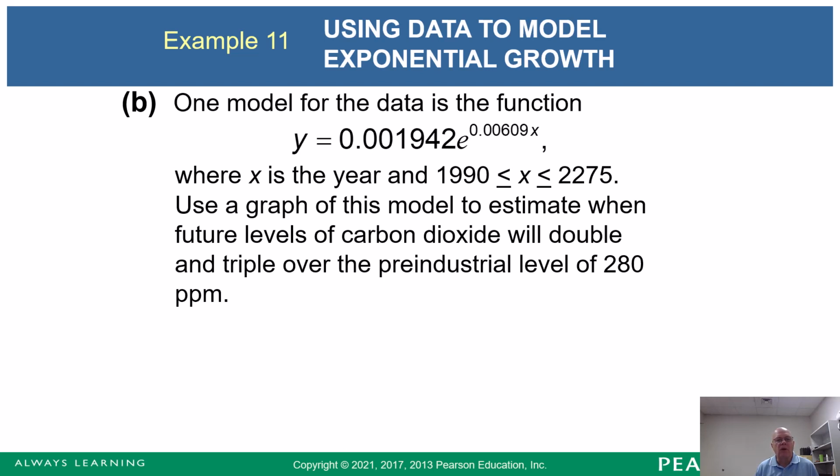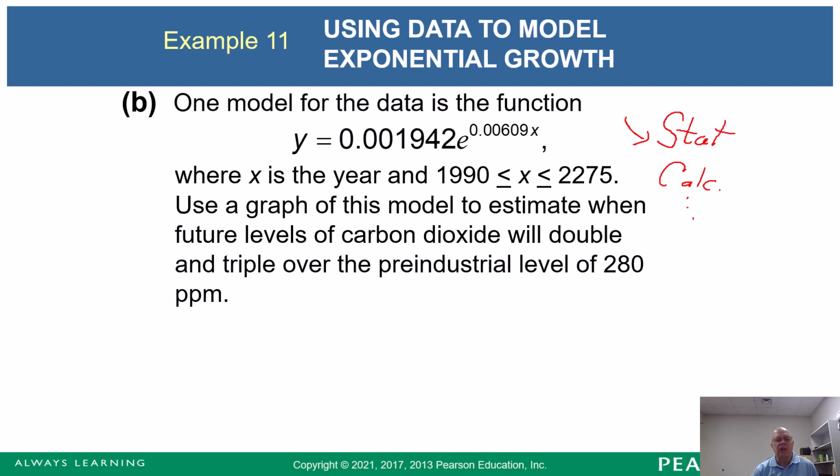Here's one model. It's not the only model, but it's one model for that data. Do you want to know how to find that? Well, it's pretty easy. Once you put those ordered pairs in, you can actually go in the calculator and say, hey, I want to do some statistics, and I want to do some calculating, and so on.